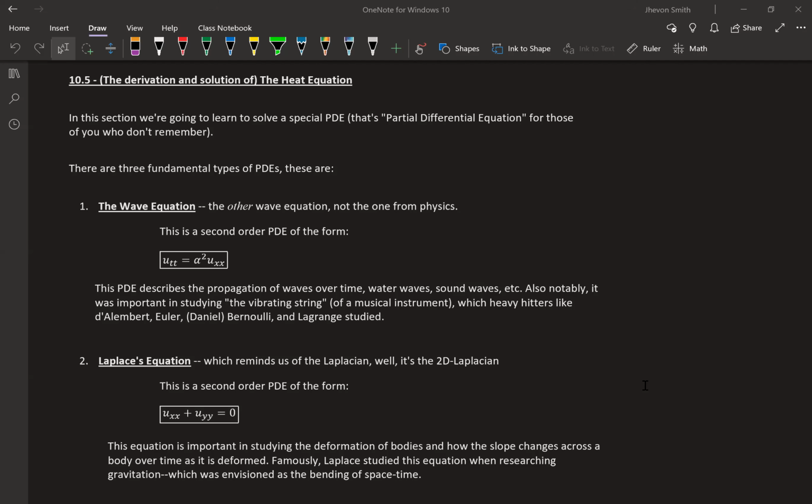At some point, you're going to need to deal with and grapple with the Laplace equation, right? So this is a PDE that talks about the deformation of bodies. You take a flat metal sheet, you start to bend it and twist it, find a function that measures the slope at any point over that twisted form, and the Laplacian is going to show up. Very important and fundamental example of a PDE.